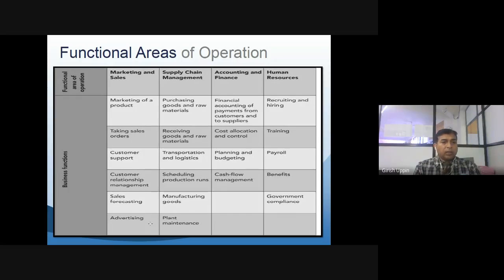And advertising. Okay, forecasting, why is forecasting important? This is the most important information for the supply chain management, because supply chain management, they procure the raw material and they keep the production level as per the forecast. We don't want to have too much inventory or too little inventory. Too much inventory is also a kind of loss.